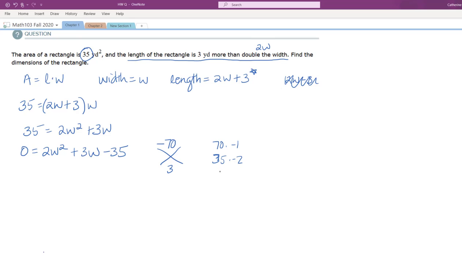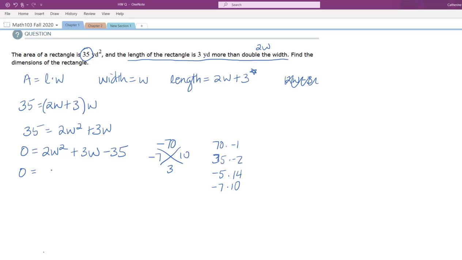So I think it's 5 and 14. Negative 5 times 14 adds up to 9, so that doesn't work. 6 won't go into 70. And, oh yeah, of course, negative 7 times 10. Those two numbers add up to 3, so negative 7 and 10 are the numbers we need to use to factor.